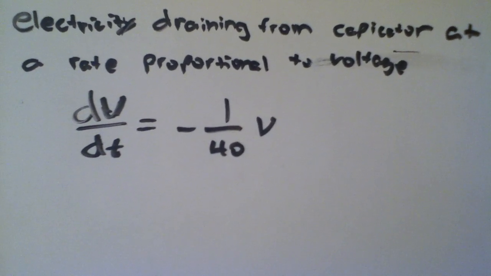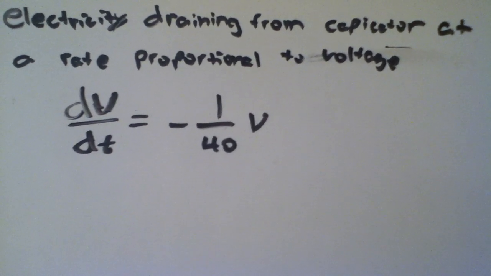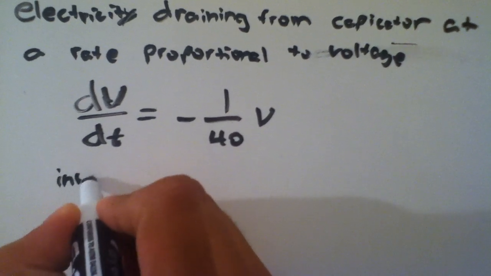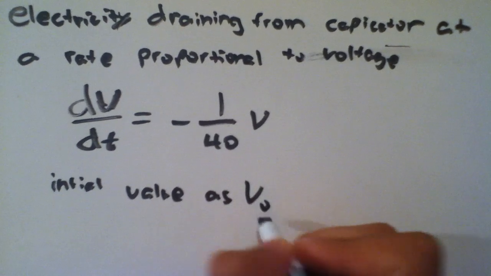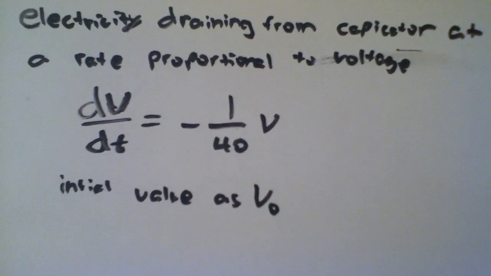We're also told that we can write the initial value as V initial, or V0. So we just have to do that at the end.